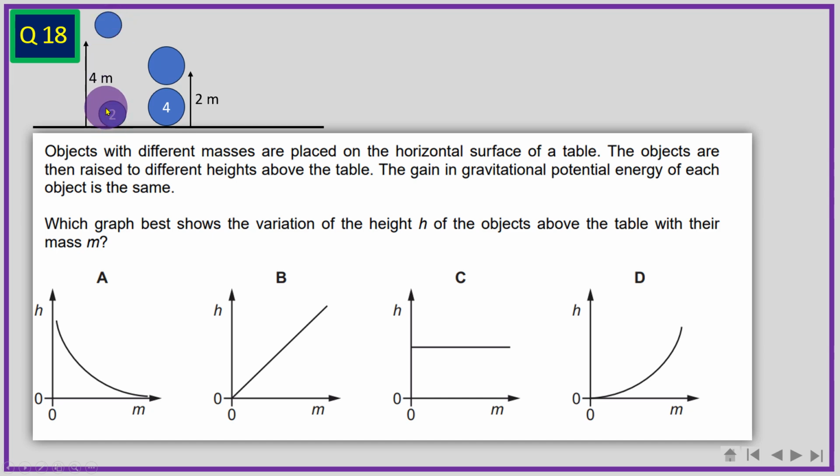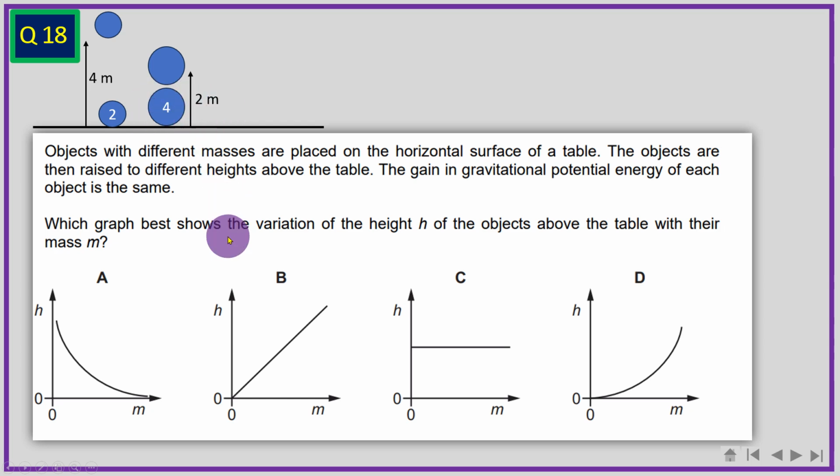The gain in gravitational potential energy here will be mgh, here it will also be mgh. The gravitational potential energy of each object is the same. So this one must be raised to half the distance of this one for the gravitational potential energies to be the same. After all, potential energy is mgh. Since g is the same, then 2 times g times 4 should be equal to 4 times 2 times g. So the heavier one must be raised to a lesser height.